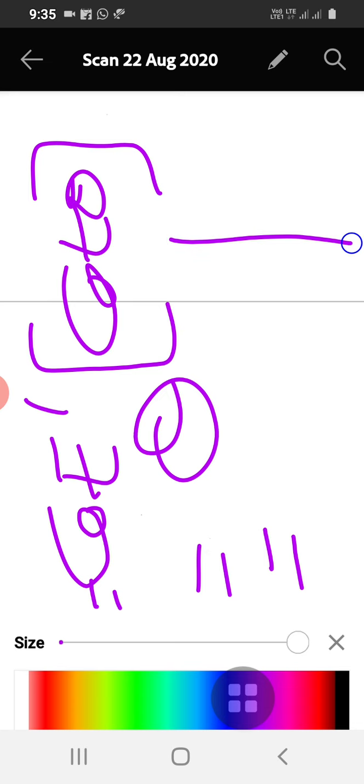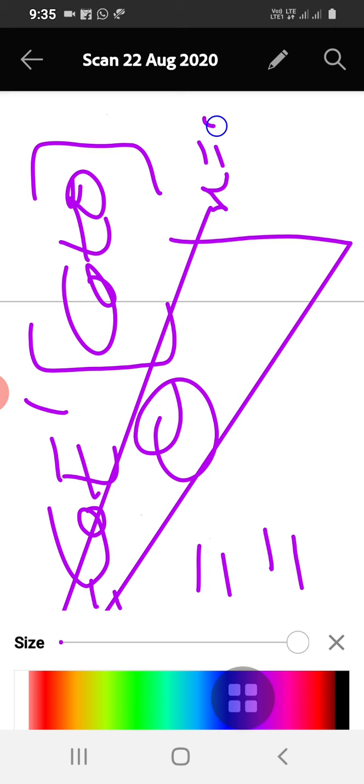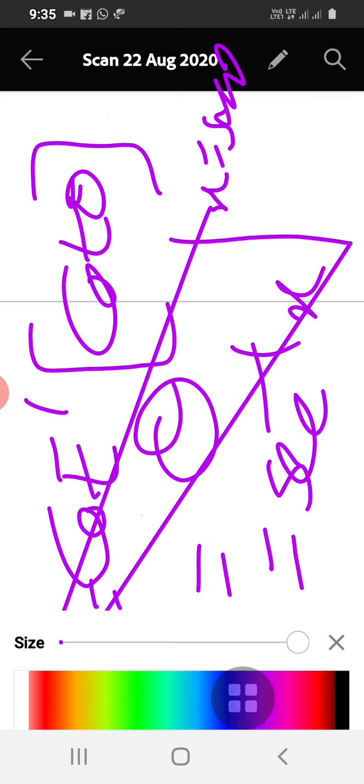In the first step we substituted x is equal to secant theta, so theta is secant inverse x.